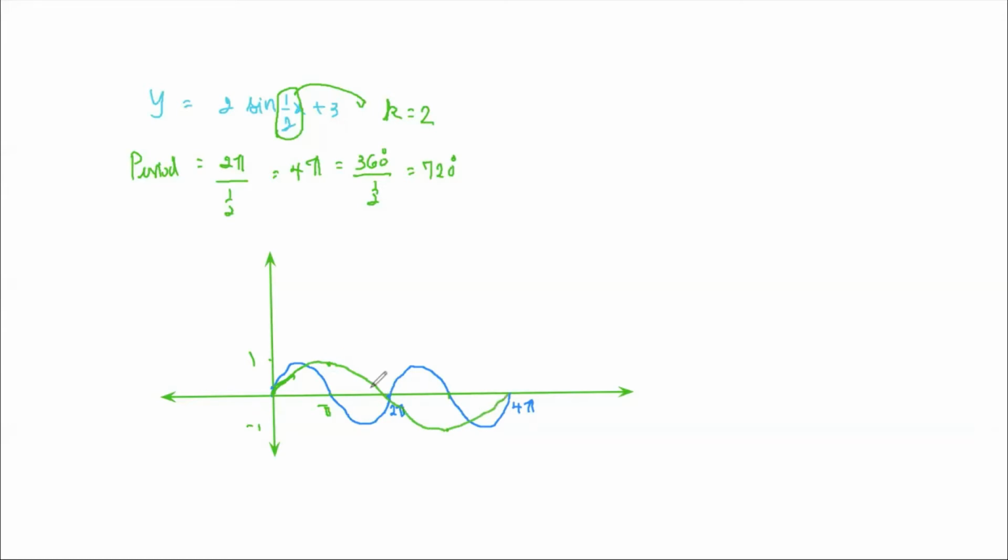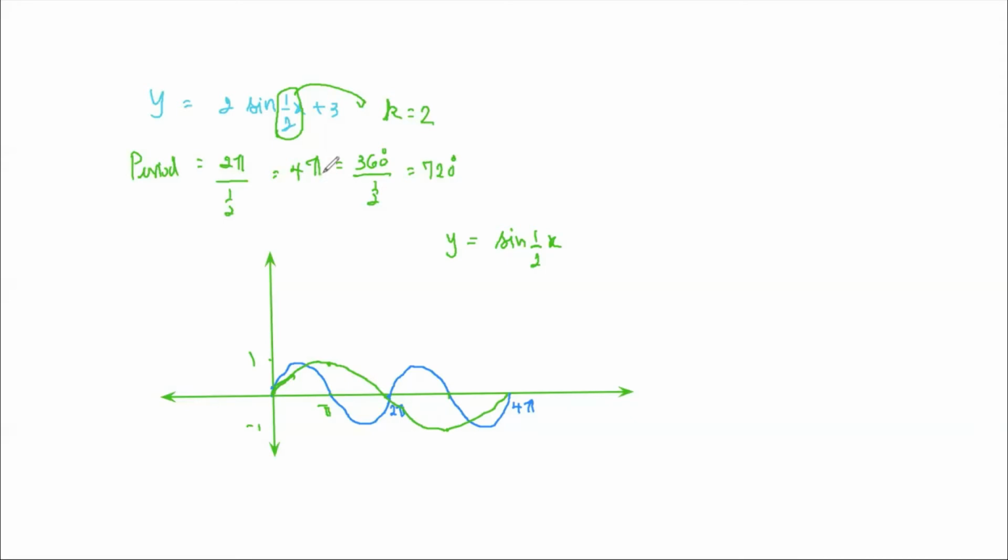Okay, so you see, this goes from 0 to 2 pi, 2 pi to 4 pi. That's 1 cycle. That is the answer for when your y equal to sine 1 over 2x.